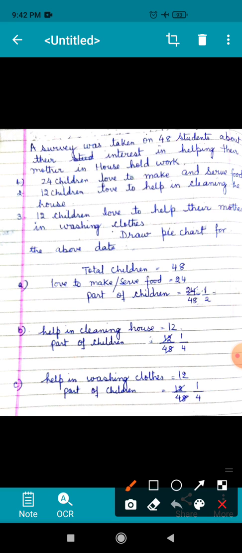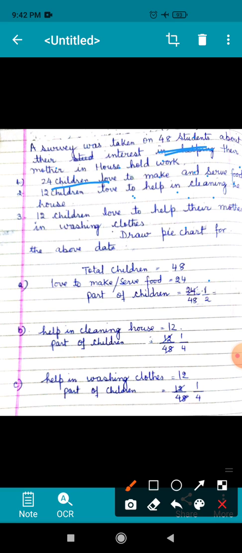Children, here you can see a survey was taken on 48 students about their interest in helping their mother in household work. 24 children out of 48 children love to make and serve food. So how can you find the part of a circle?